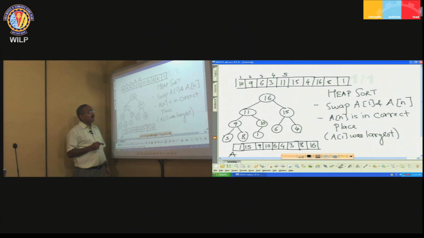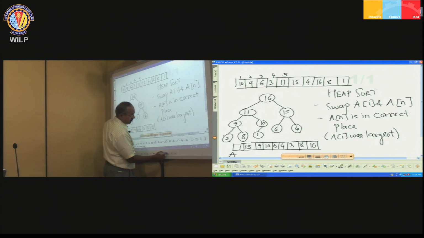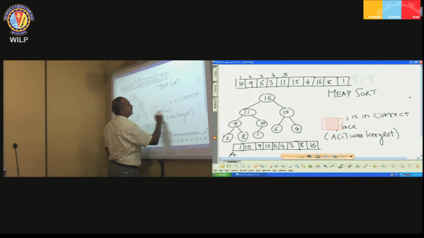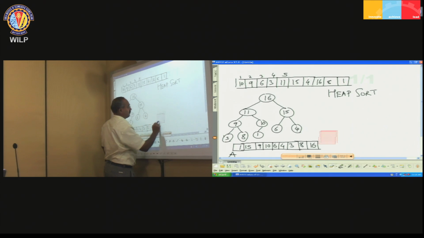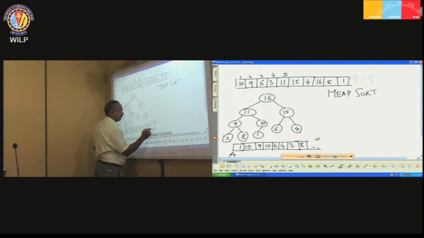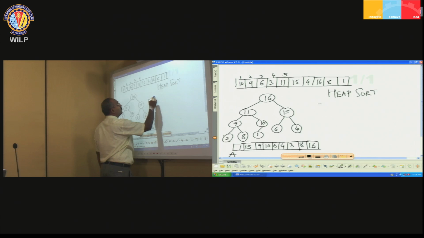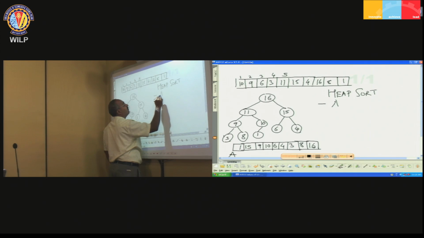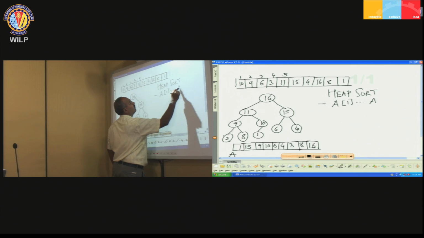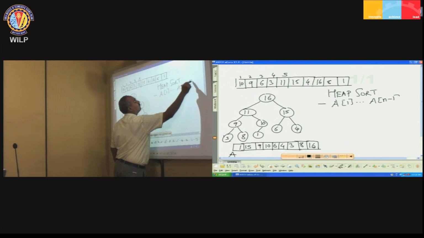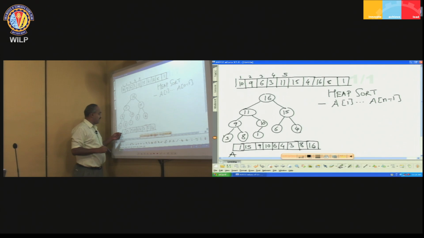Now, once you do this, you look at the array A from A1 to AN minus 1.